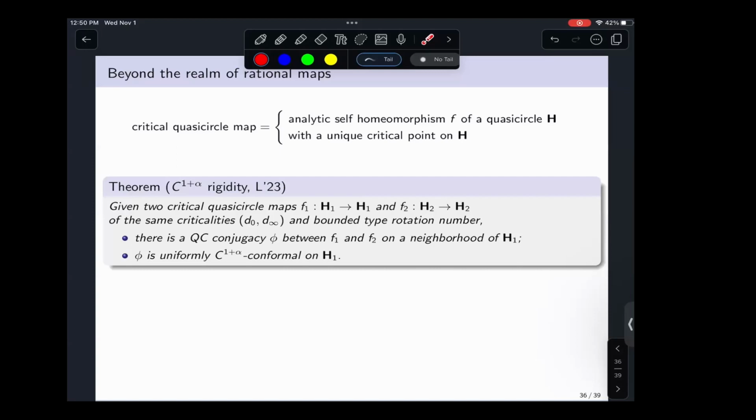And not only that, this QC conjugacy is actually smooth. It's actually uniformly C1 plus alpha conformal on the quasicircle. C1 plus alpha here means that the complex derivative exists along points on the Herman quasicircle, and its complex derivative has alpha-Hölder continuity regularity.